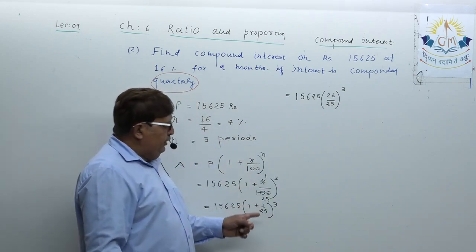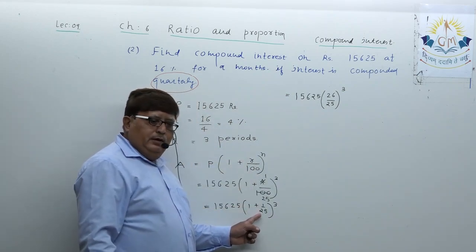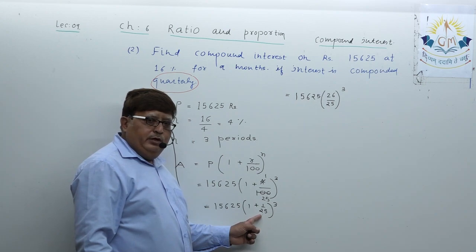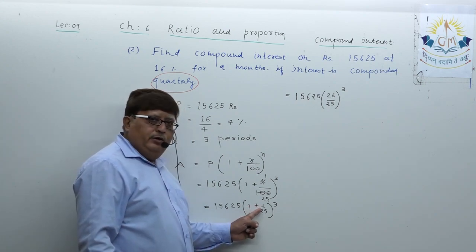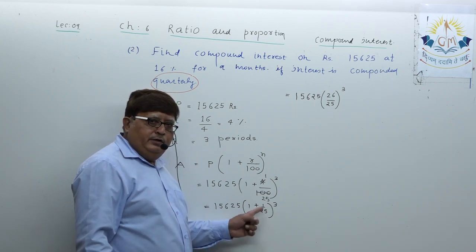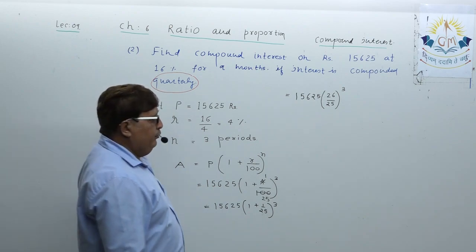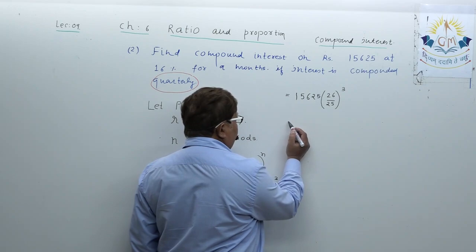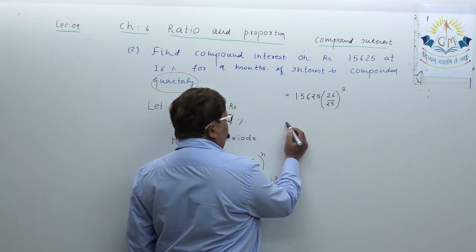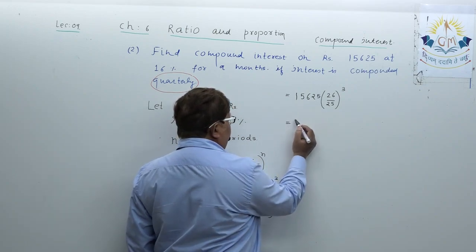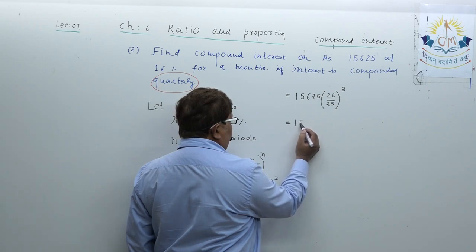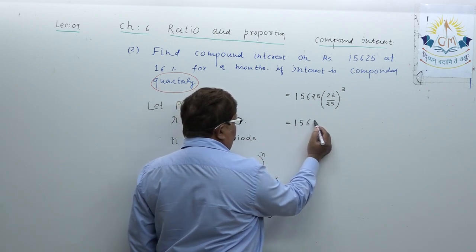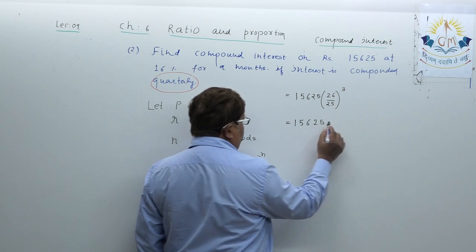Have you got 26? Here a step of taking LCM, 25 plus 1, 26 upon 25 raised to the power of 3, because the power appears here is 3, so you will write it 3 times.